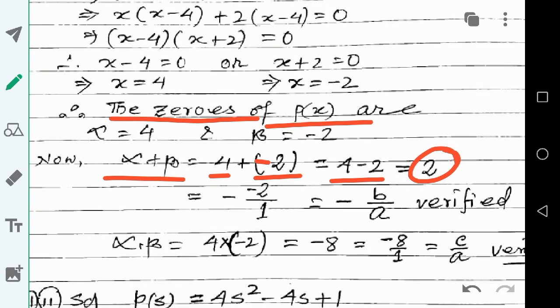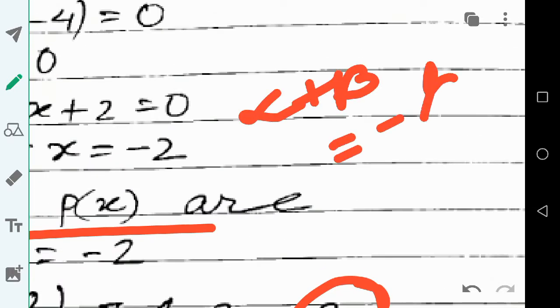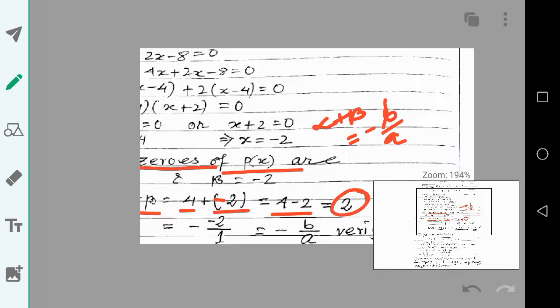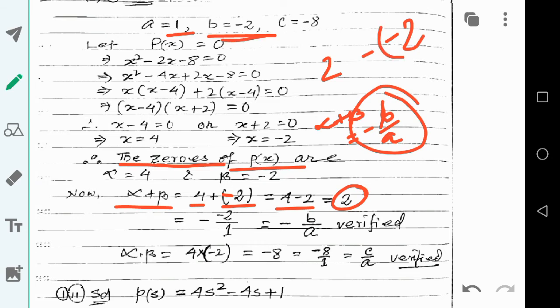We need to show that alpha plus beta is equal to minus b by a. Here you see this 2 can be written as, now b is minus 2 here, so a is 1. In order to obtain minus b by a, if we write minus 2 to obtain the b, then one more minus should be given before it.